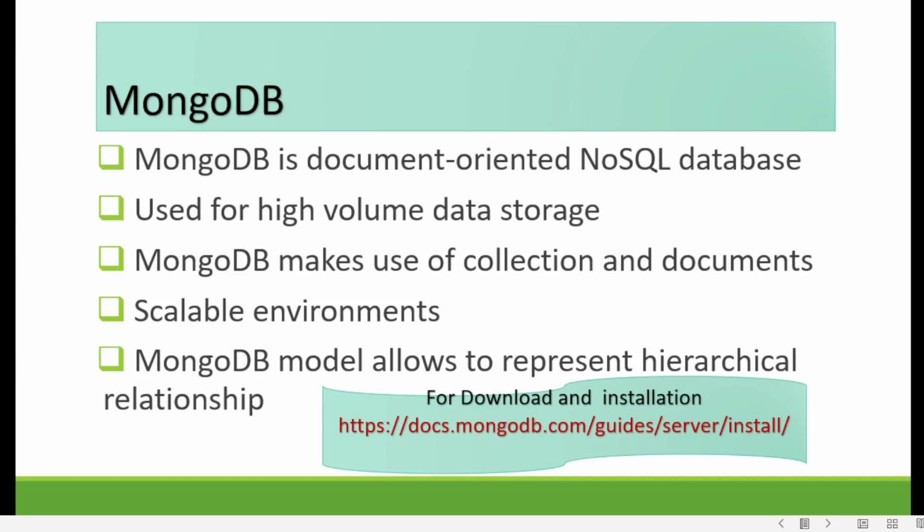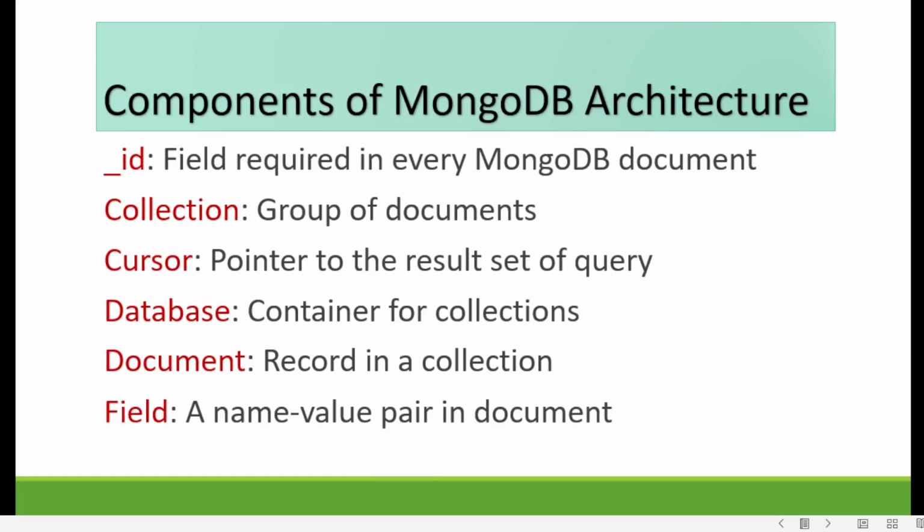So you can download and install MongoDB from the given website. It has some components. ID basically represents a unique value in the MongoDB database, and every document has a unique ID.